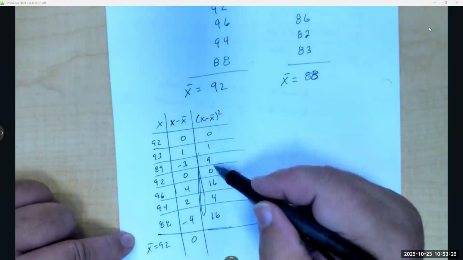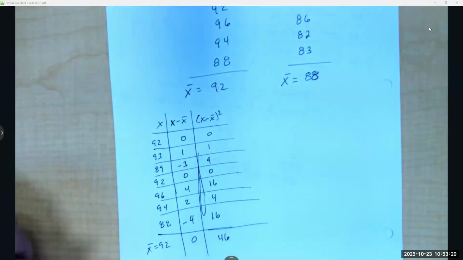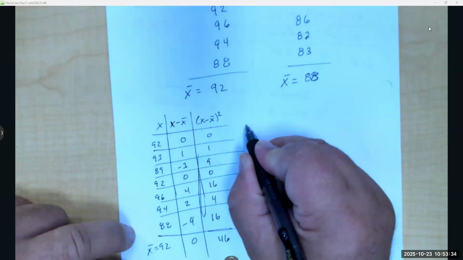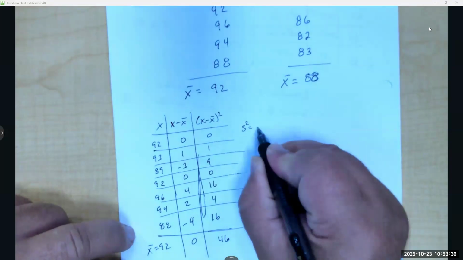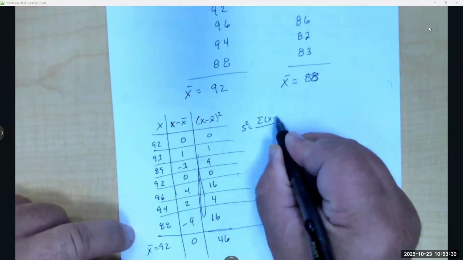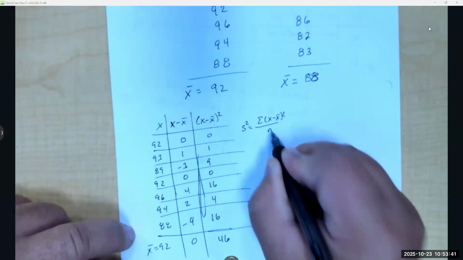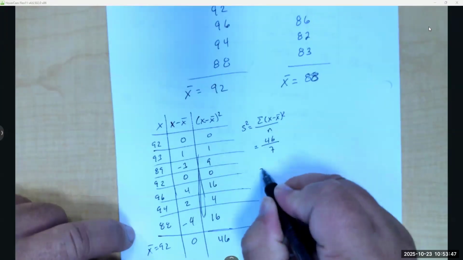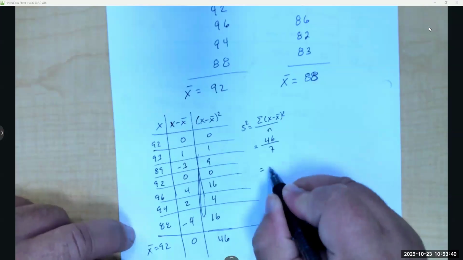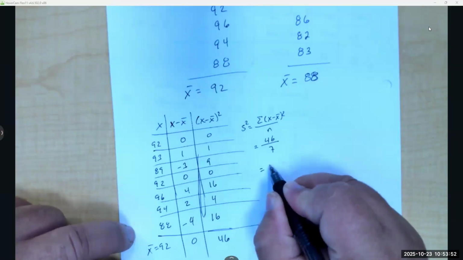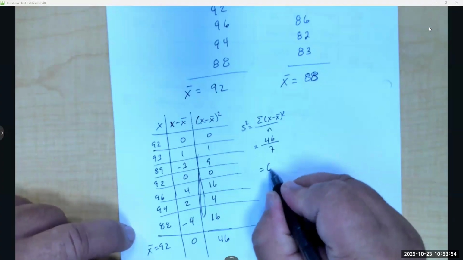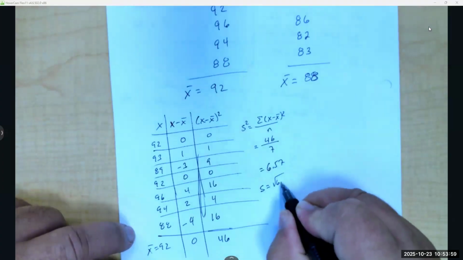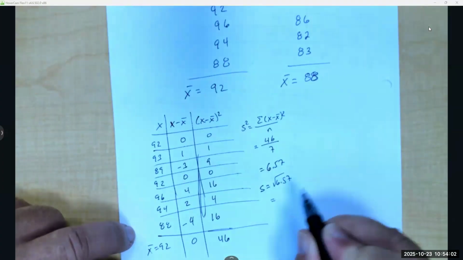That's 20, 30, 46. So the variance is the summation of x minus x bar squared over n, which is 46 over 7, which is 6.57. So the deviation is the square root of 6.57.